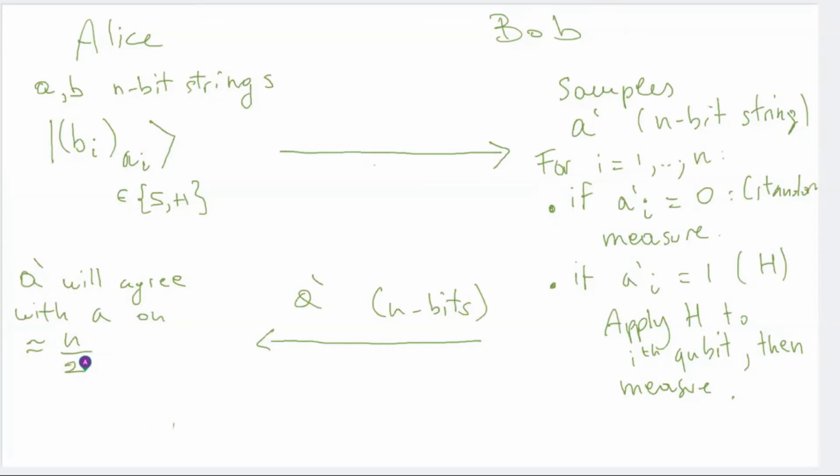So approximately n over 2 basis choices are the same. And out of these n over 2 choices in which the bases agree, Alice says picks n over 4.